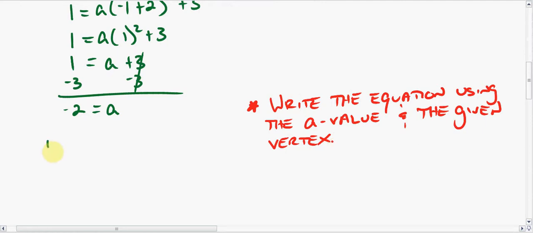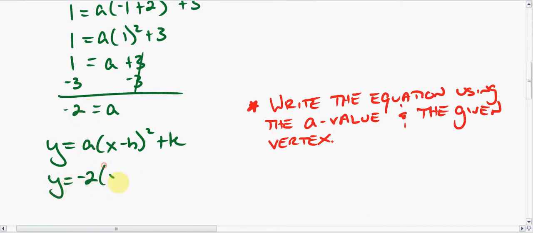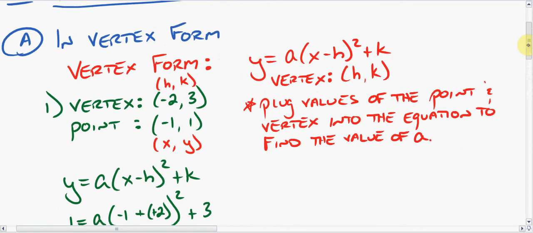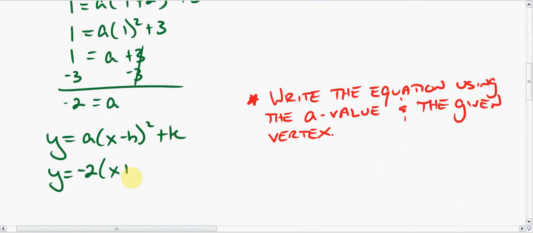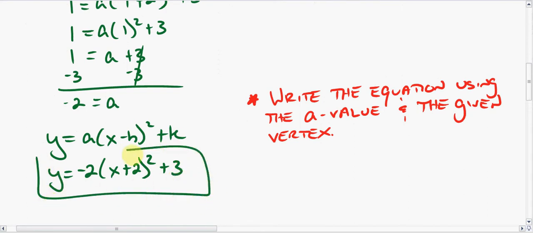To make our lives easy, I'm going to rewrite this equation: x minus h squared plus k. We keep y, and we plug in the value of negative 2 for a. Remember the vertex was negative 2, 3, so the h value becomes the opposite, positive 2, plus 3. So we have our equation, which is y equals negative 2, that's our a value, times the quantity x plus 2 squared, plus 3, where our vertex is negative 2, 3. That's part 1.